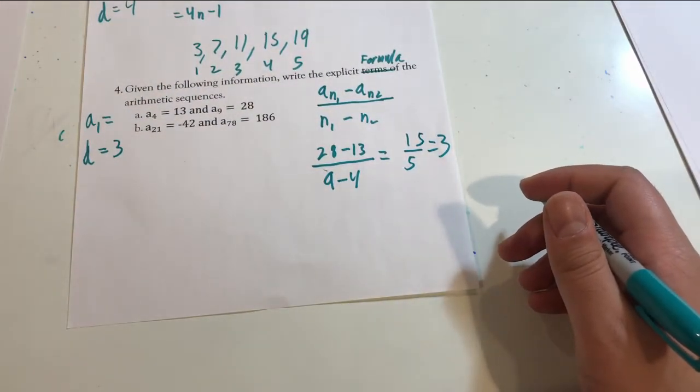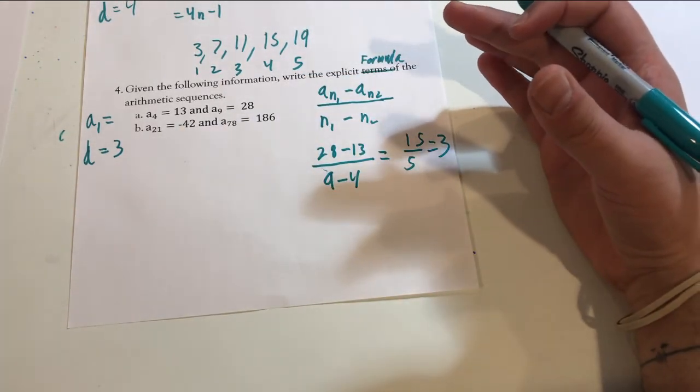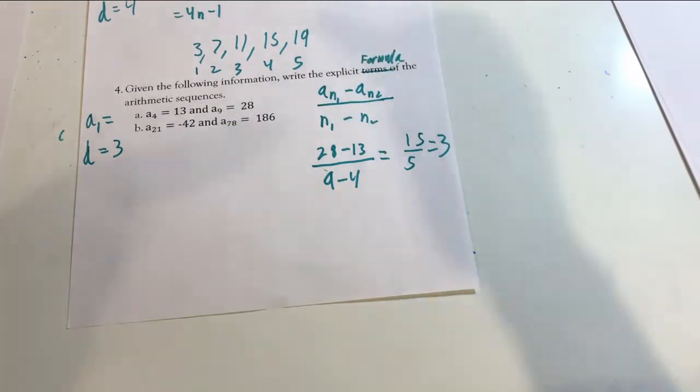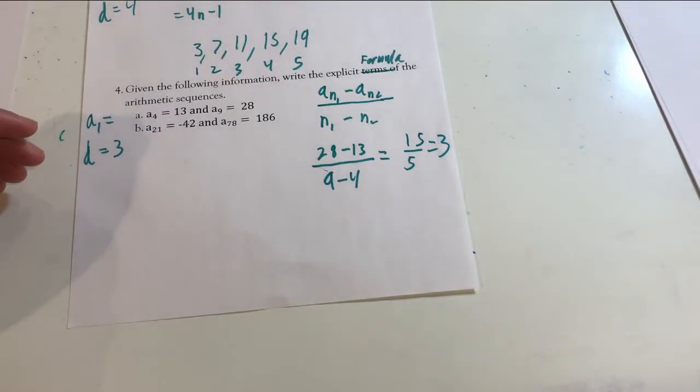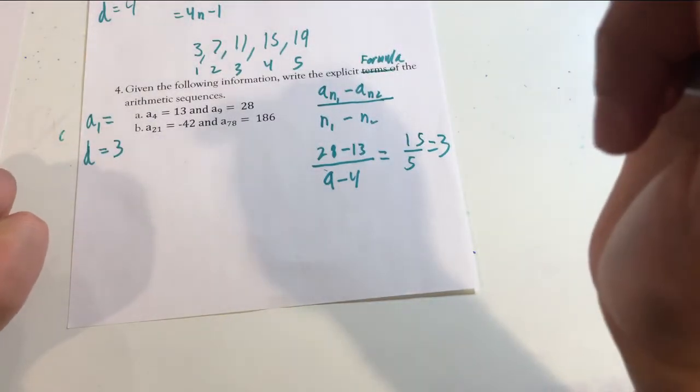And anytime I pick 2 points on a line and set it equal to the slope, those things should work out. We're going to use that property to get the a of 1 term.